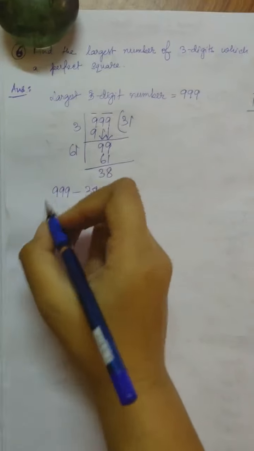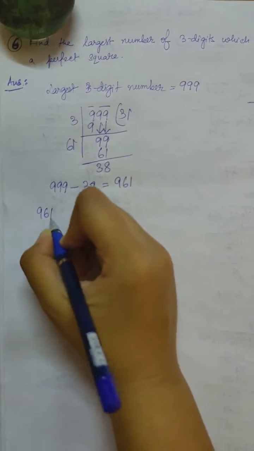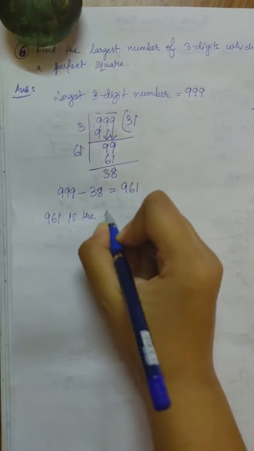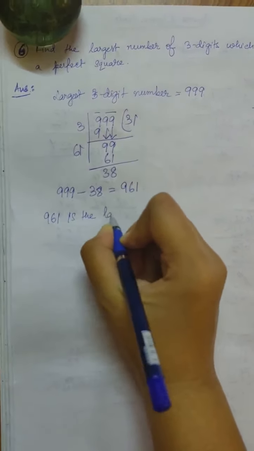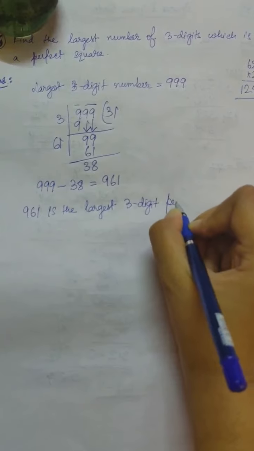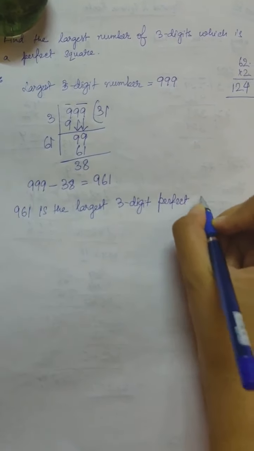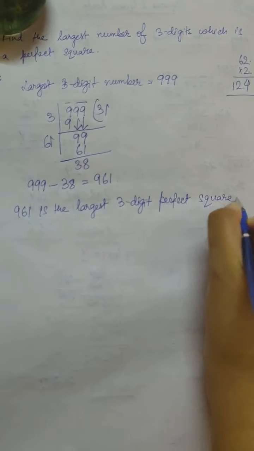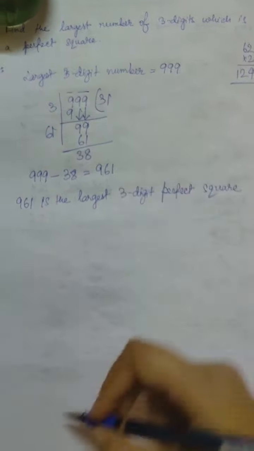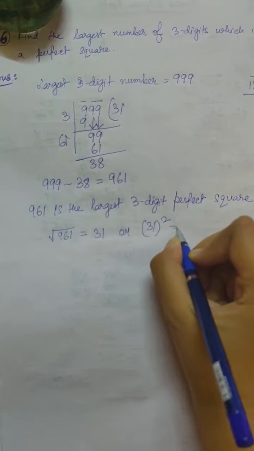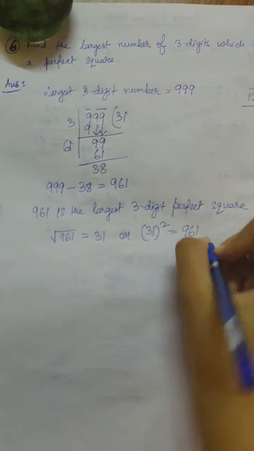Okay, so 961 is the largest 3-digit perfect square. And remember, from this long division we can any day say that the root of 961 will be 31, or we can say that 31, if you square it, you will get 961.